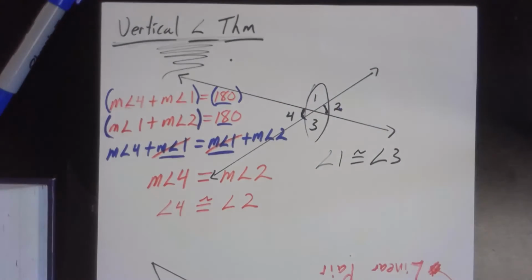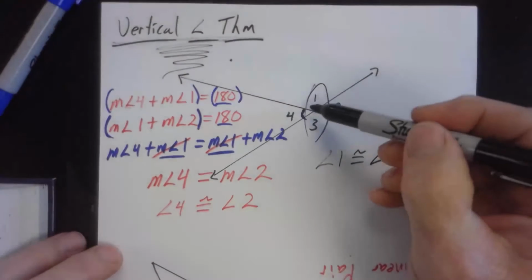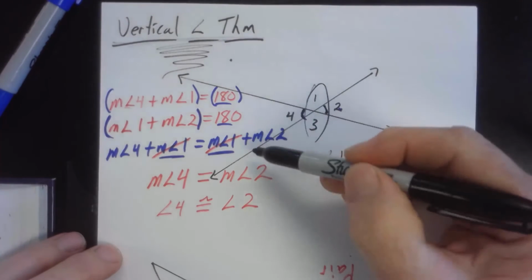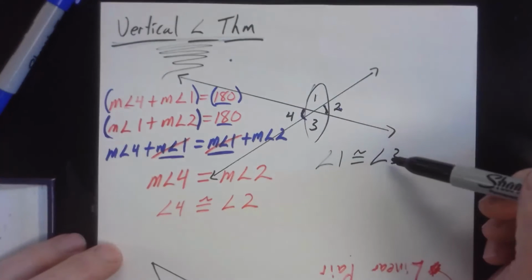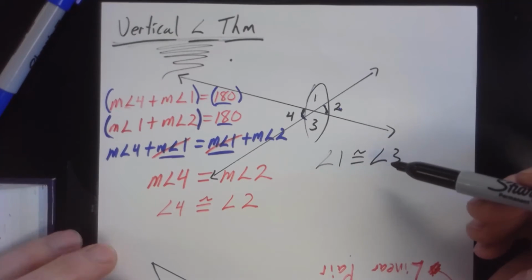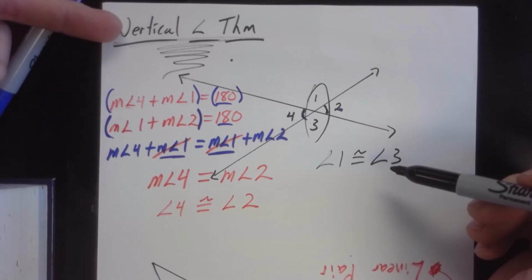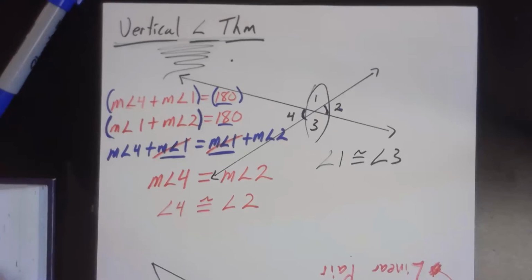Vertical angle theorem. We never again have to go back through and prove that vertical angles are congruent. We just did it. So from now on, when we say they're vertical angles, so they're congruent, what's our justification? Vertical angle theorem. That's how we justify it.